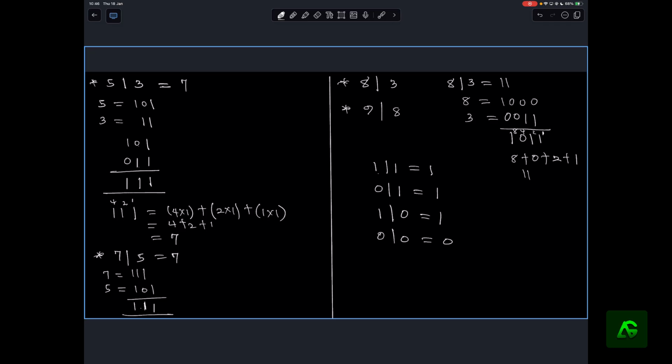Yes. So for the second one, where we have 9 inclusive OR of 8, we need to know the equivalent form of 9. The equivalent form of 9 is 1001. And 8 is still 1000. There is a pattern in writing all these numbers, but I will overlook that, so you can observe the trend on your own.